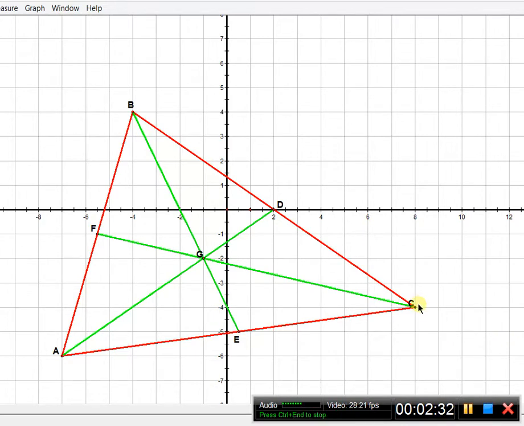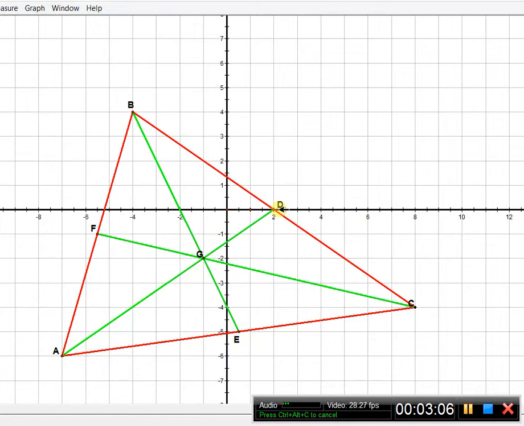If I average the x coordinates, in this case -4 plus 8 is 4. Divide that by 2 and I get 2. That's the x-coordinate of the midpoint. If I average the y coordinates, 4 plus -4 is 0. Divide by 2 is 0. So when I average the coordinates of the endpoints of the line segment, I get the coordinates of the midpoint.